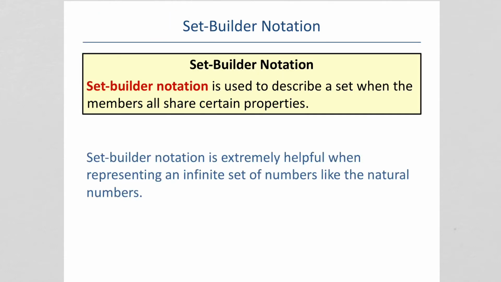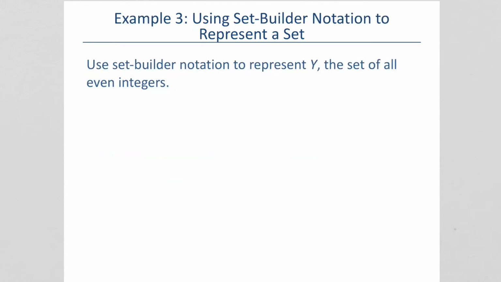Set builder notation is used to describe a set when the members all share certain properties. And it's helpful when representing an infinite set of numbers like the natural numbers. Use set builder notation to represent Y, the set of all given integers. So what we would do is say braces, and set notation looks like this.